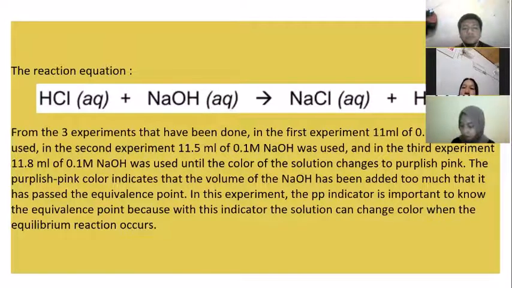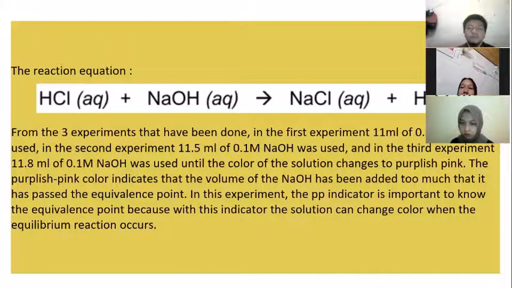From the 3 experiments that have been done, in the first experiment, 11 milliliter of 0.1 molar natrium hydroxide was used. In the second experiment, 11.5 milliliter of 0.1 molar natrium hydroxide was used.